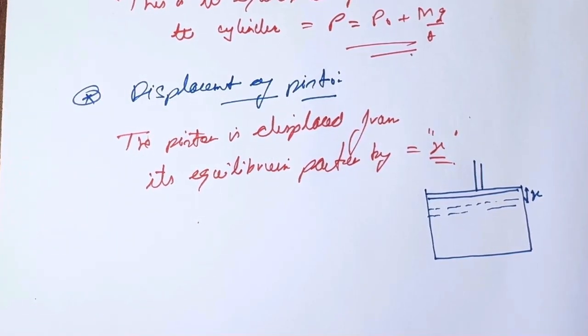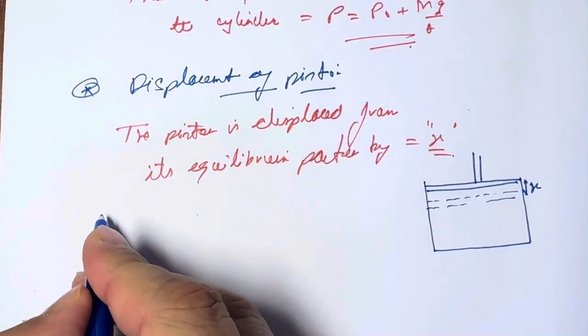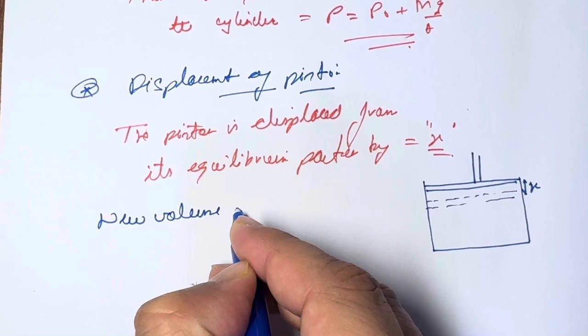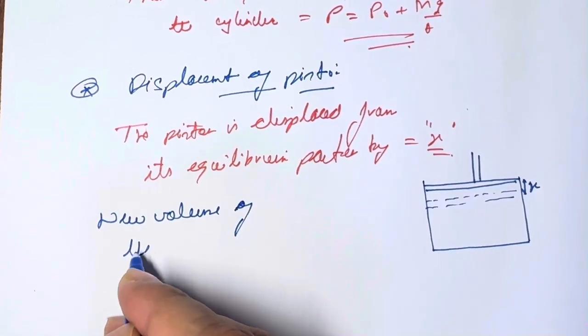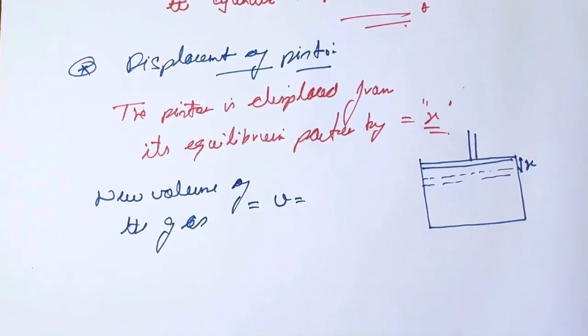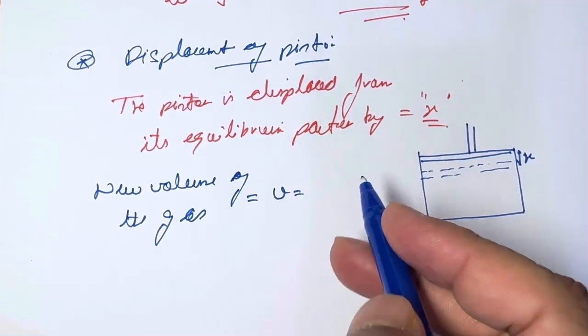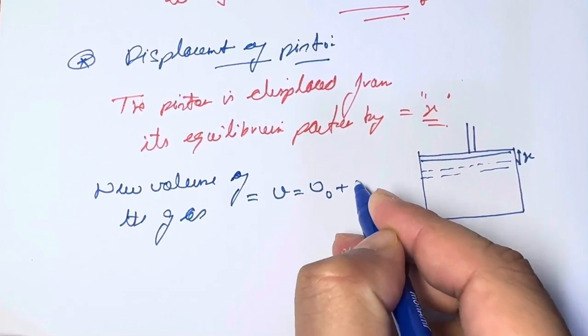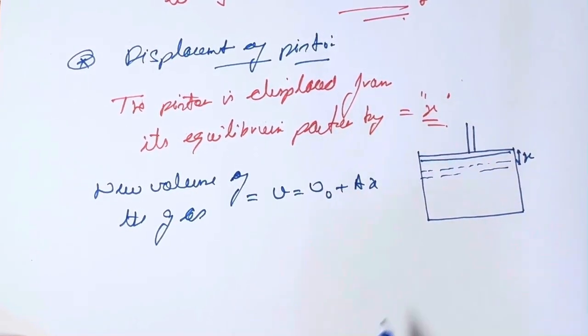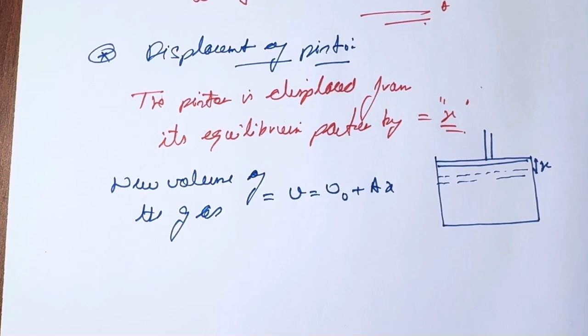So therefore we can write that the new volume of the gas, if it is given as V, then this V will be equal to the old volume plus the volume because of the displacement x, that is area multiplied by x. And it is given that the entire system is isolated.